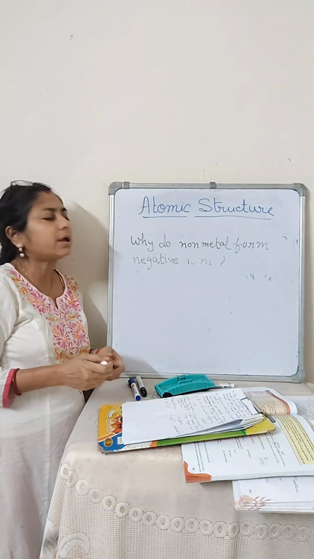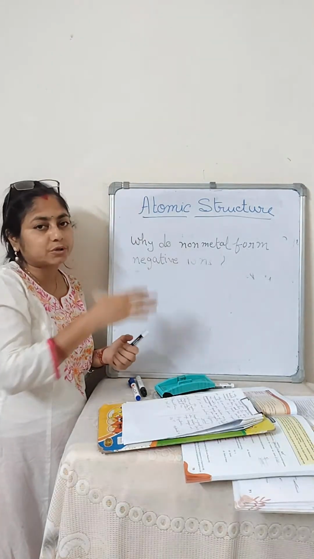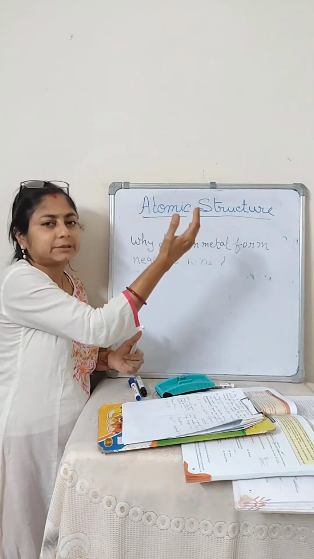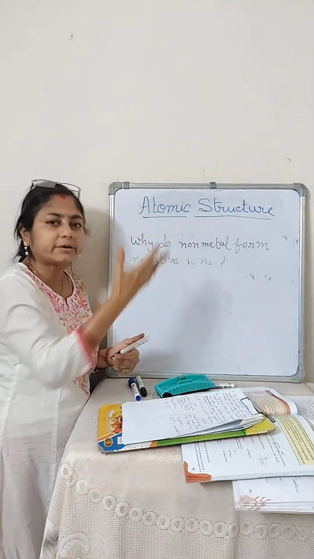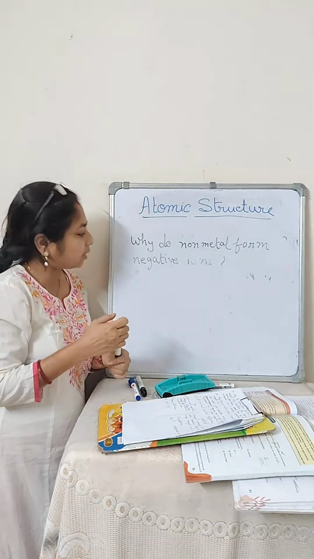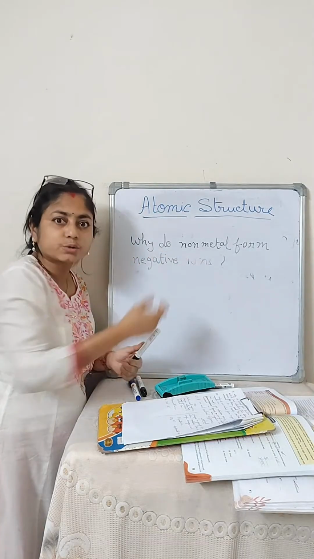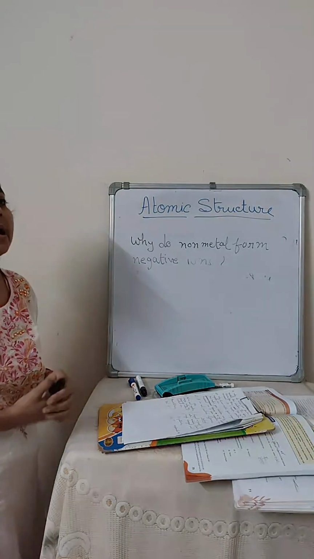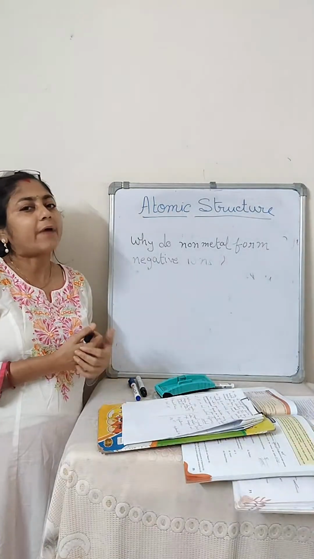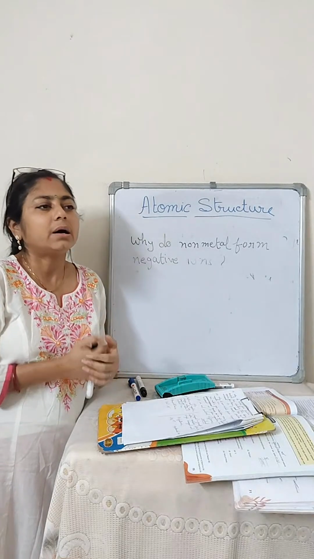Why? In that case, it is just the opposite. They accept electrons, and for that reason the number of electrons increases. When the number of electrons increases, negative ions form. Okay, I hope atomic structure and compound valency are all clear.